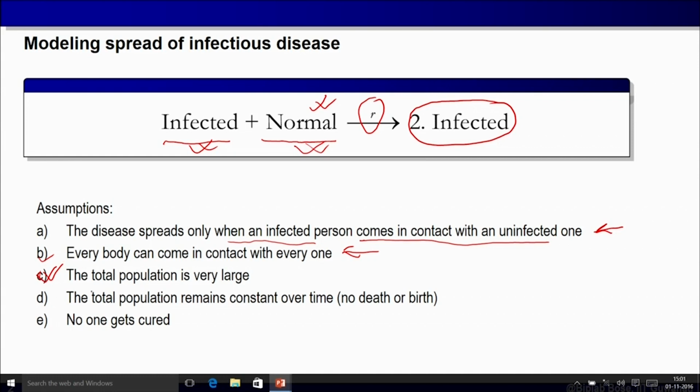The next assumption also comes from a requirement for an ODE-based model, that the total population should be very large. If you remember, in the module 2 video, we discussed that when the number of elements, molecules, or people involved in a process is small, then even a single change will cause an abrupt change in the process. So we cannot use an ODE-based model there.